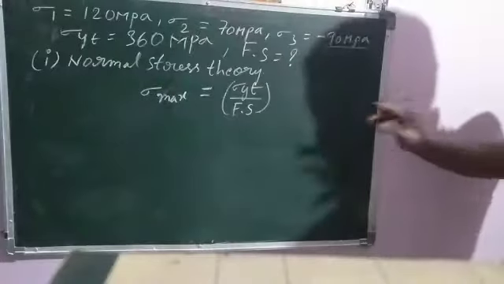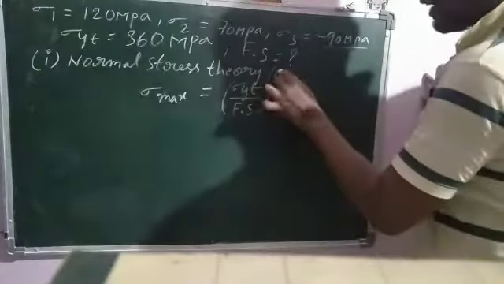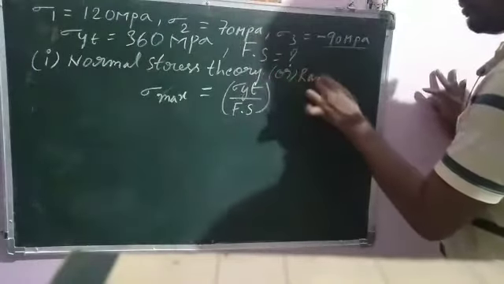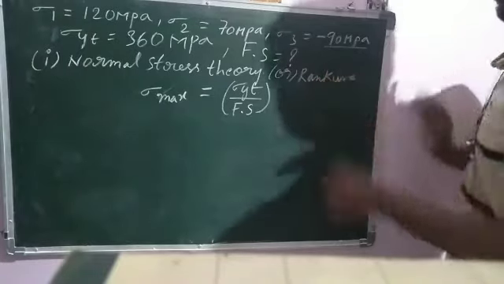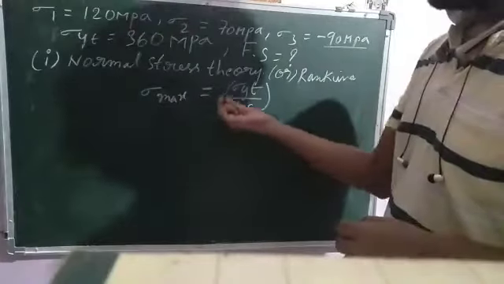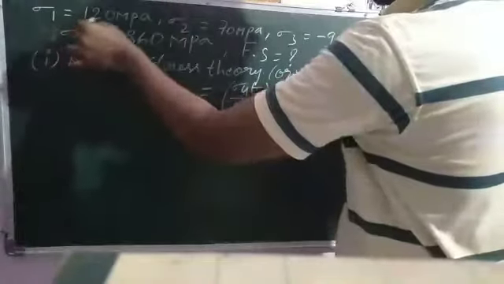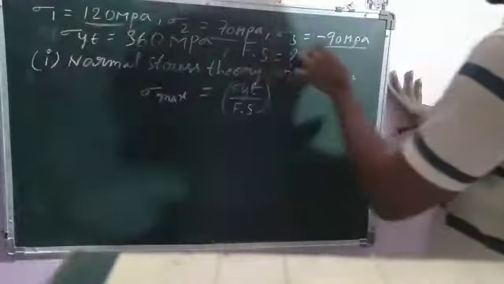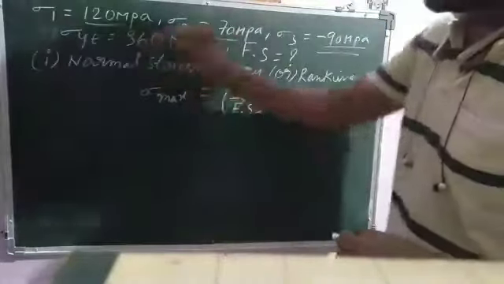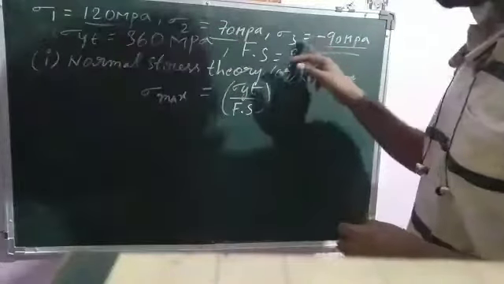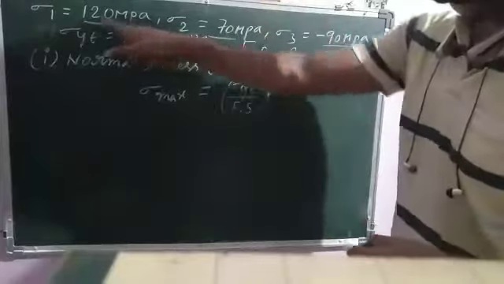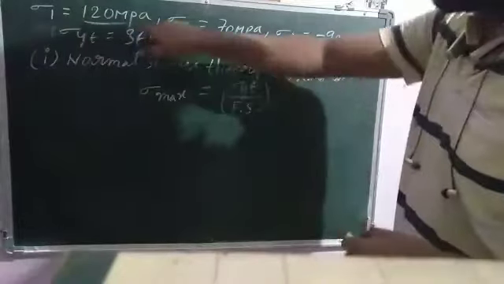According to normal stress theory, or Rankine theory, the maximum principal stress is equal to sigma yt by factor of safety. Which one is the maximum value? We have 3 principal stresses, sigma 1, sigma 2, sigma 3. Among these, sigma 1 is the maximum principal stress.